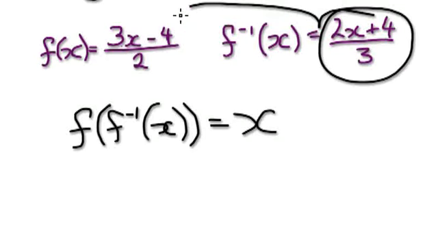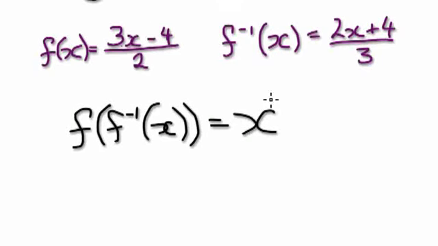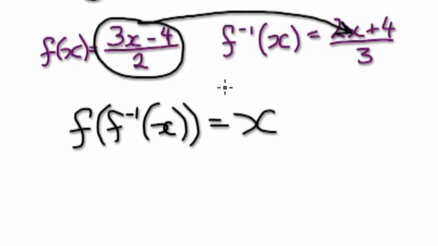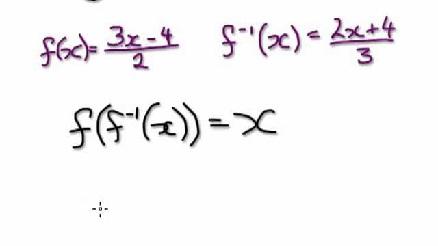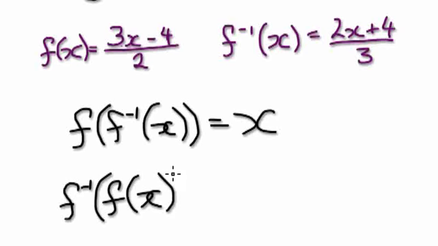So if you put this into here, it will overall give you this. And here's the thing: if you put f of x into the inverse, it will also be x.